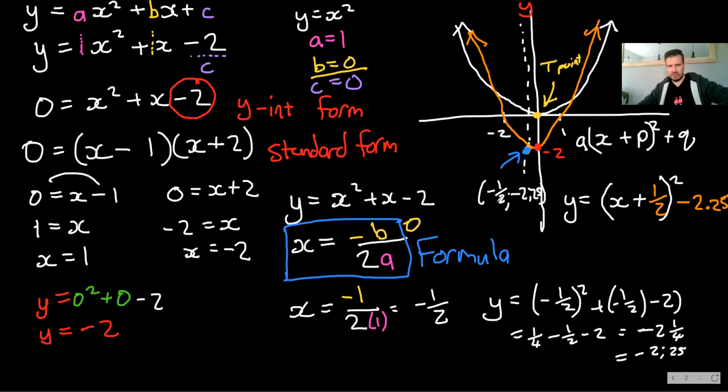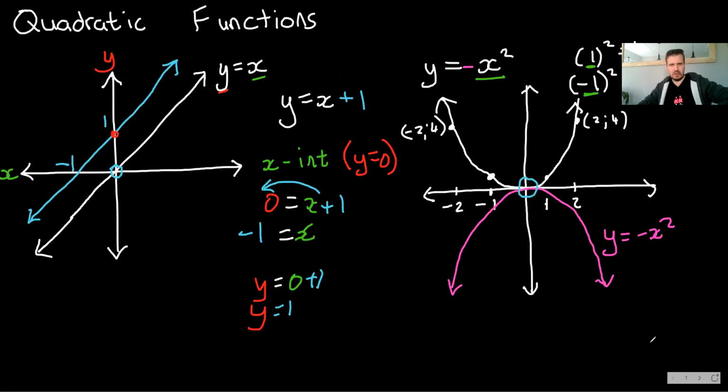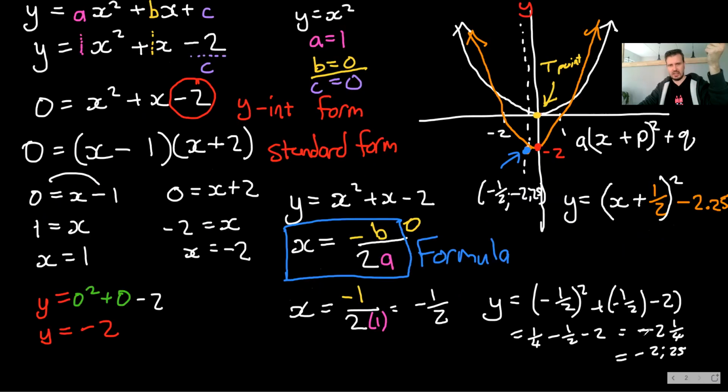and notice that the half changes to minus a half. That's the same reason that when we go all the way back to when we found the x-intercept, you see the 1 went across and became minus 1. So whenever we're dealing with the x, it always seems to change sign. That's because the x and the 1 are on the same side, like in a straight line. Notice that x and a half are on the same side, so when the half goes over, it would become minus a half.